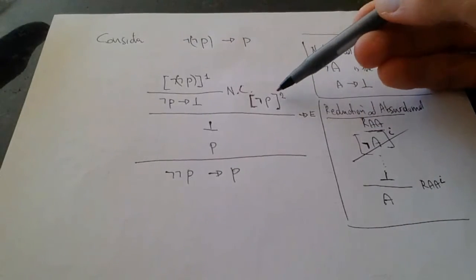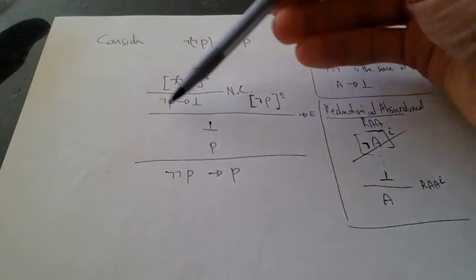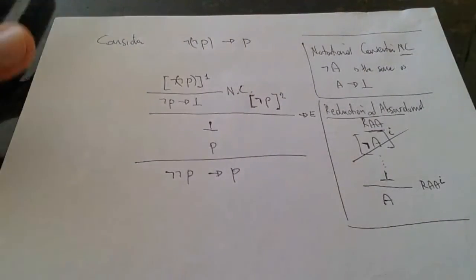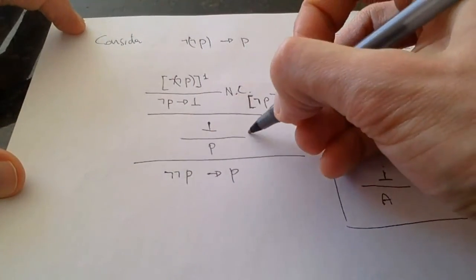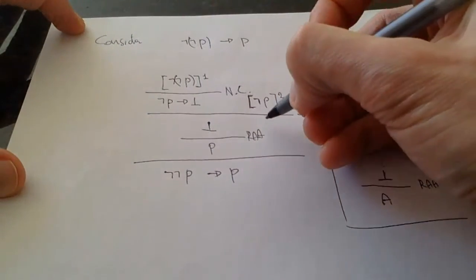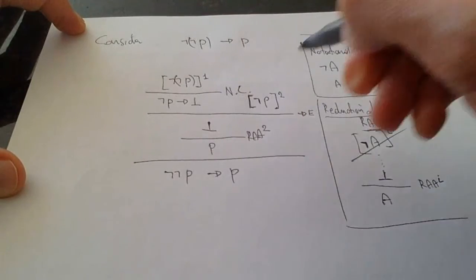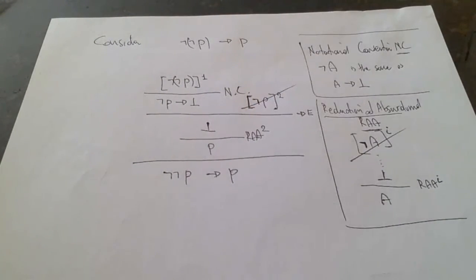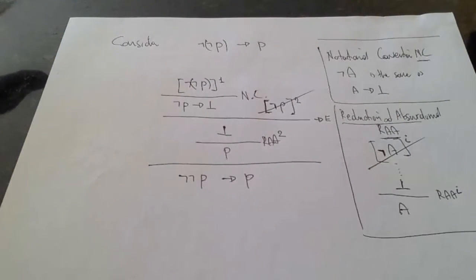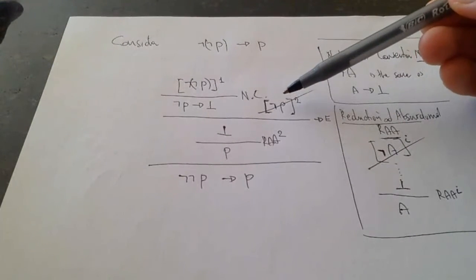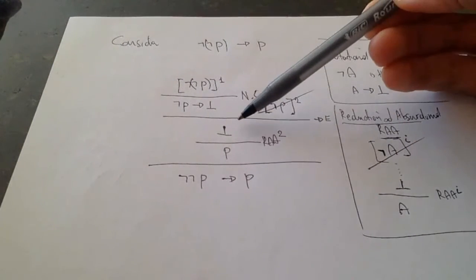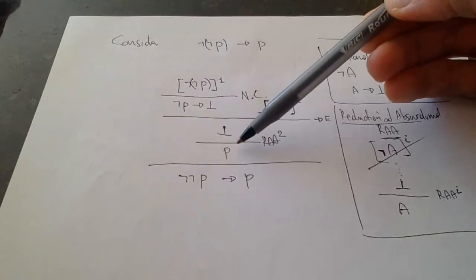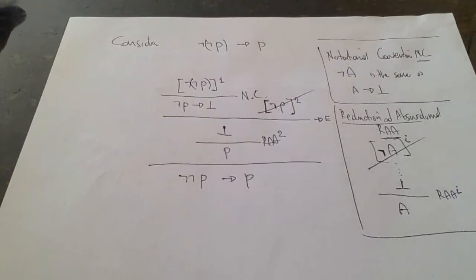I started with not P, that was my assumption. I got to a contradiction after some other steps. And so by applying reductio ad absurdum to my assumption number 2, I cancel that assumption, and therefore I get P. So this rule allows me, whenever I assume something that has a negation and I get to a contradiction after that assumption, to remove the negation and cancel my assumption.